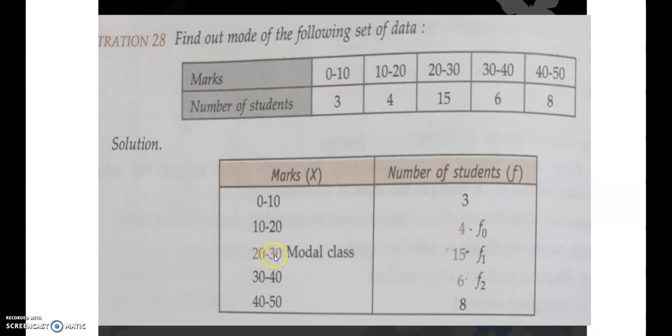So 20 to 30 is the modal class and the corresponding frequency is F1. Then the frequency above is known as F0 and the frequency after is known as F2. So F1 is equal to 15, F0 is equal to 4 and F2 is equal to 6. The modal class is 20 to 30, lower limit is 20 and class interval is 10.